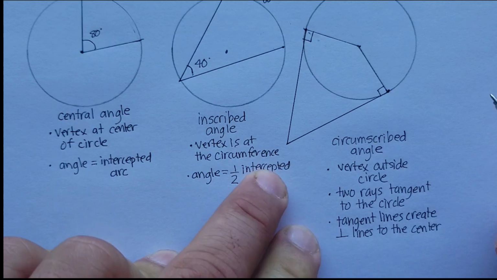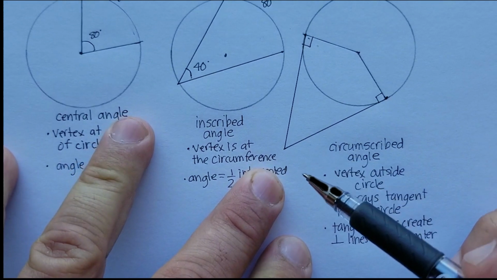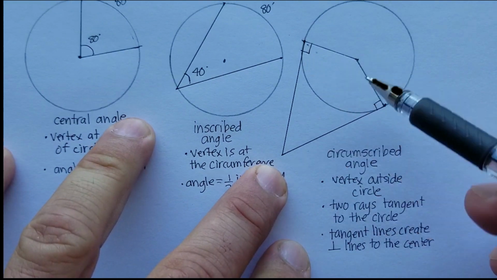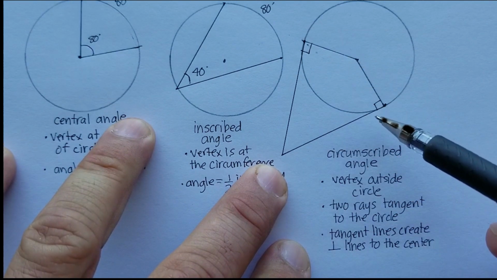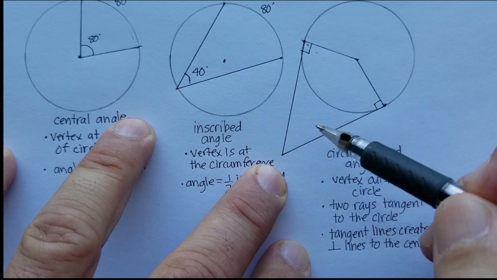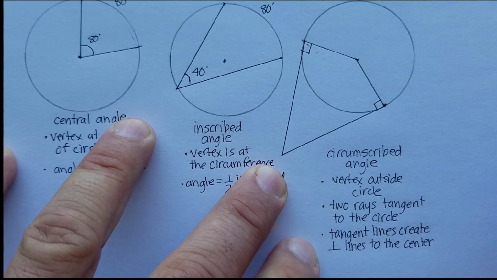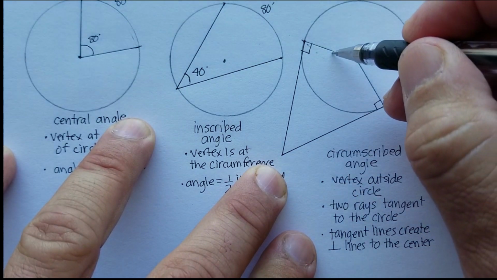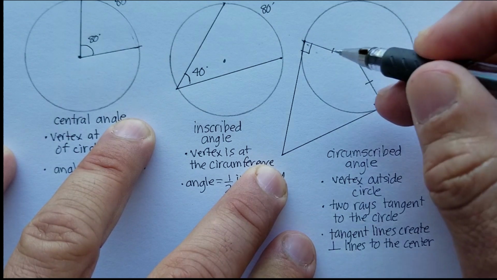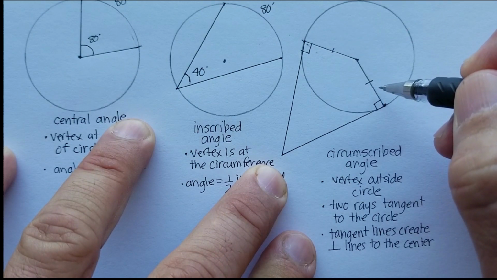But it also does something else. This circumscribed angle, notice, is a four-sided figure. Now, this particular figure is called a kite. Remember what a kite is? That means that there are two consecutive congruent lines.